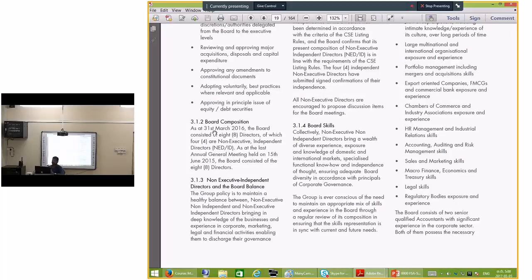Now these are very much important when you are doing your research, right? It is interesting to do research in this area: corporate governance, good governance. Then non-executive directors, independent directors, non-independent directors, board composition. Those are very much important variables in that way.